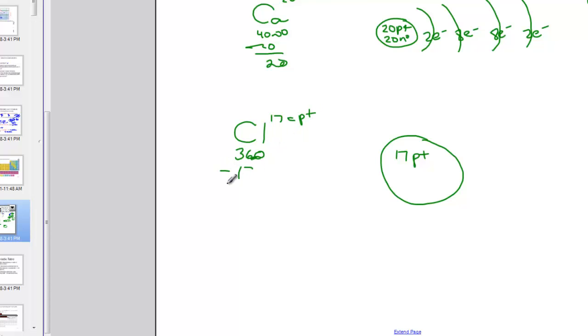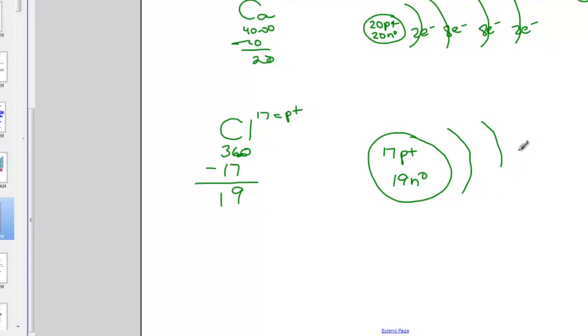What's 36 minus 17? That's 19. I need 19 more particles in that nucleus to create a total mass of 36. 36 minus 17 left me a remainder of 19 neutral neutrons.